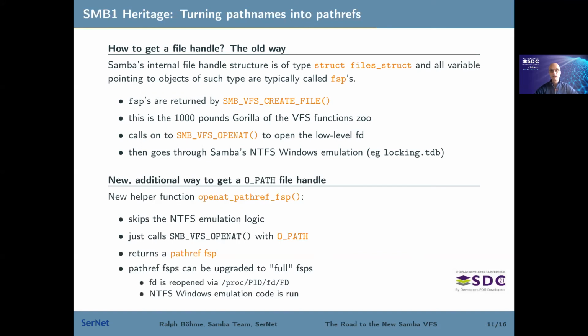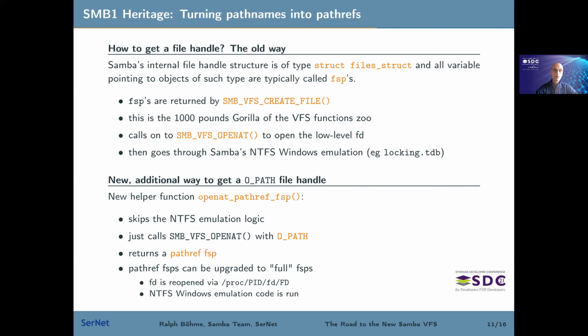Now, what we did in Samba is we added a new helper function, which is called openat_pathref_fsp, which basically skips the NTFS emulation logic. It just calls SMB_VFS_OPENAT and returns, as mentioned before, so-called pathref FSPs, which, as a side note, can be upgraded as a performance optimization to full FSPs.